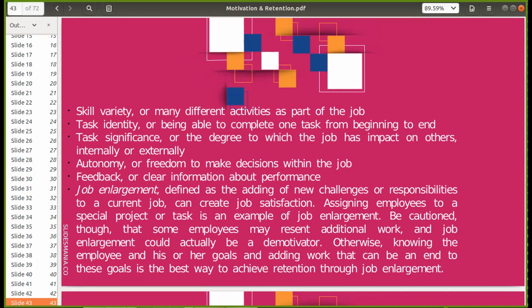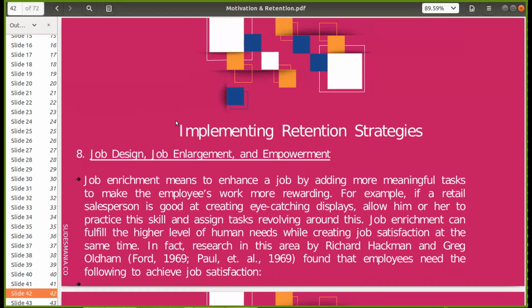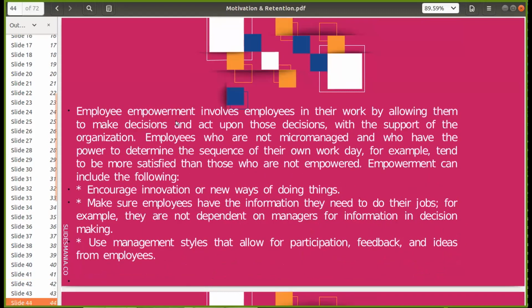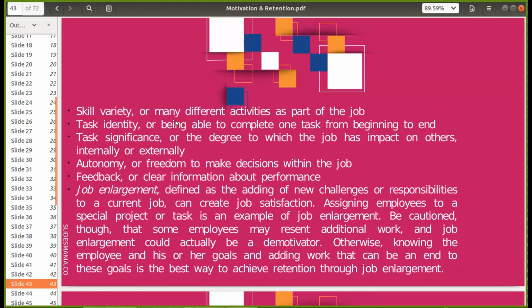Although, dapat may appropriate na pagde-design yan kasi pwedeng ma-demotivate ang employee dyan dahil ayaw ng additional na trabaho. So, an employee might feel resentful pag siya ay nabigyan ng dagdag responsibilities.